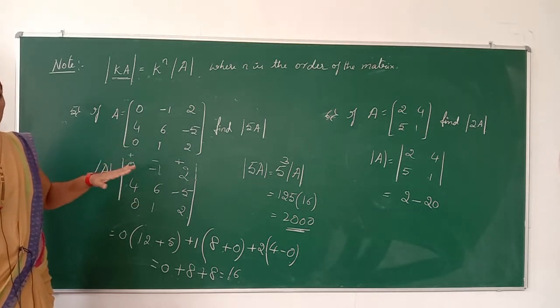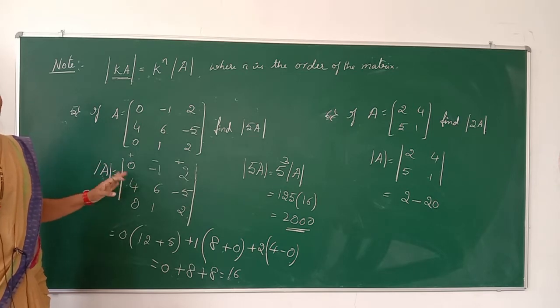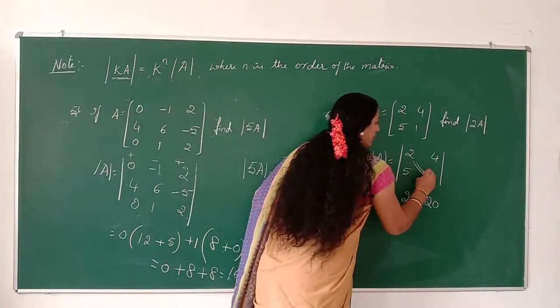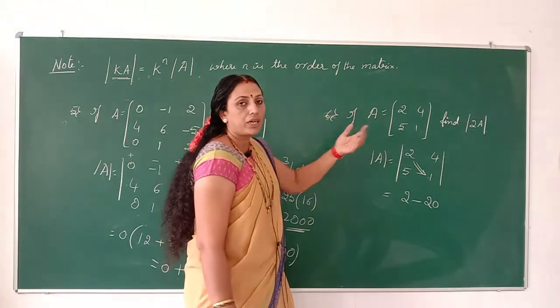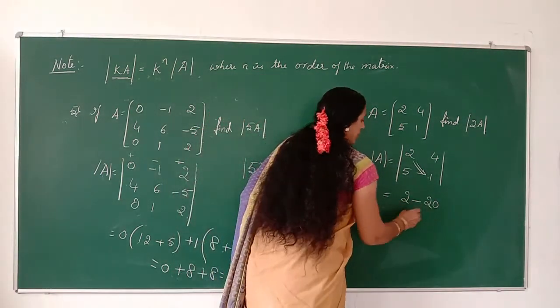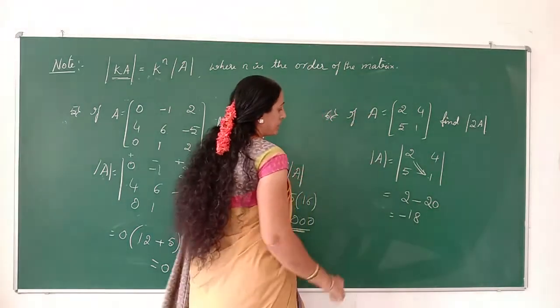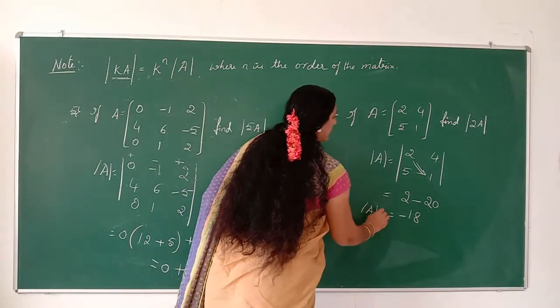These are applicable only for the 3 cross 3 matrix, not the 2 cross 2. A 2 cross 2 is directly multiplied: product of the left diagonal minus the right diagonal. That is 2 minus 20, which is nothing but minus 18. That is the value of the determinant of A.